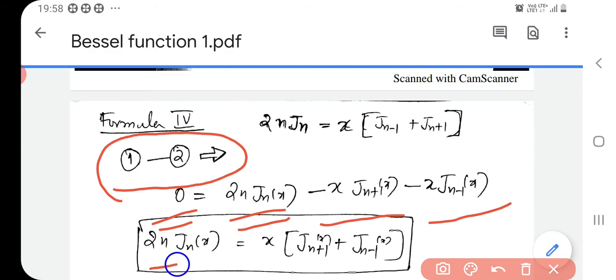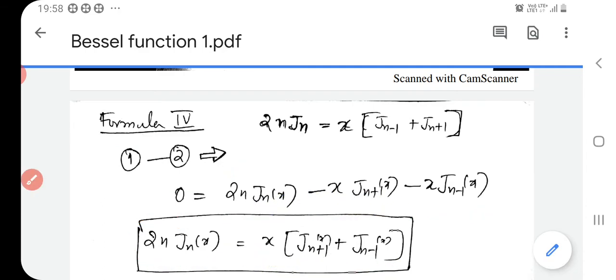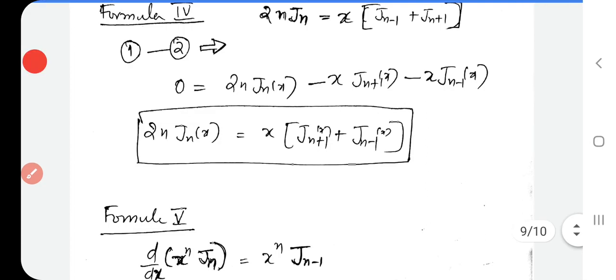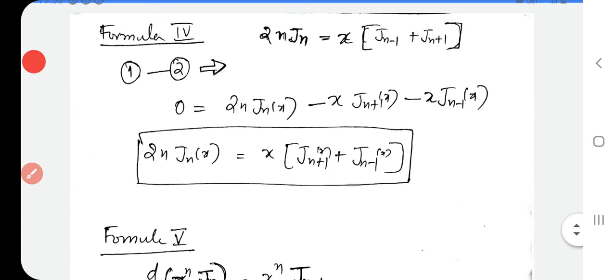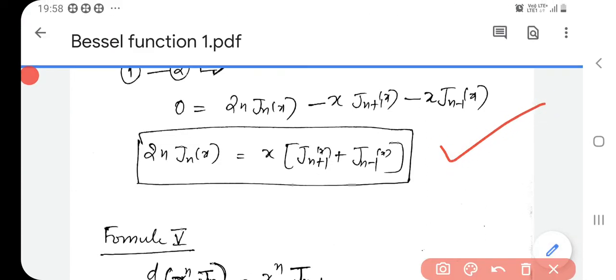So you have 2n j n of x equal to x j n plus 1 of x plus x j n minus 1 of x. This is formula 4, the fourth recurrence formula.